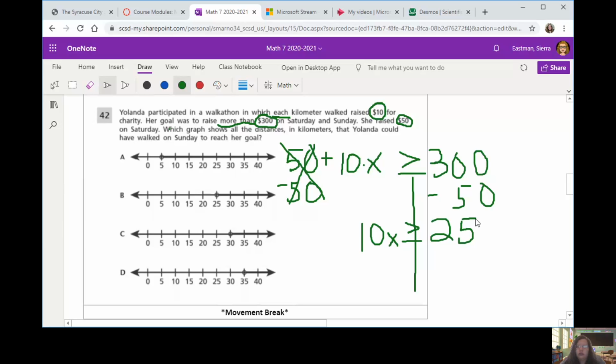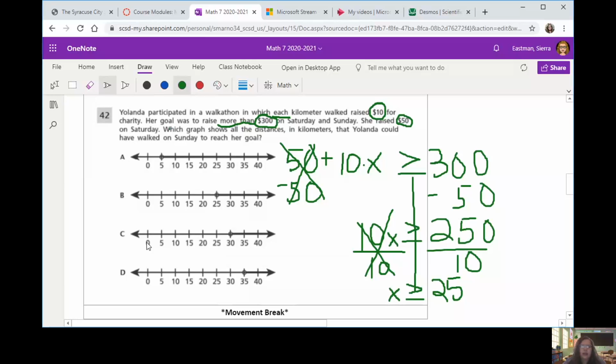My new total on this side is 250. And now the last piece I need is to divide by 10. 10 divided by 10 reduces to 1, meaning I have 1x left. I still see my symbol as the same because I did not divide by a negative. And my new answer should be a 25.